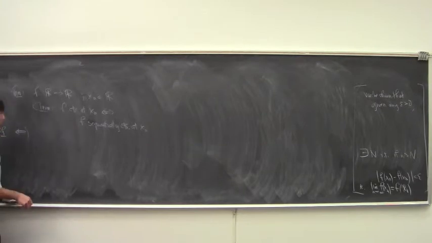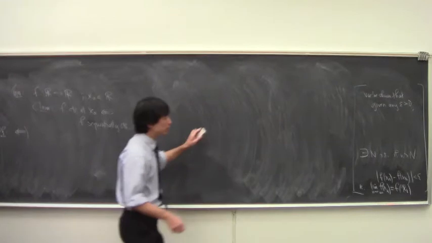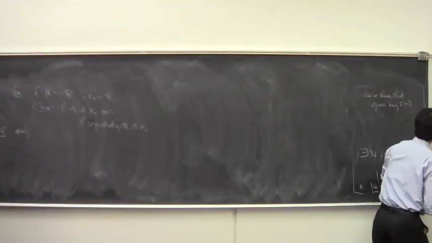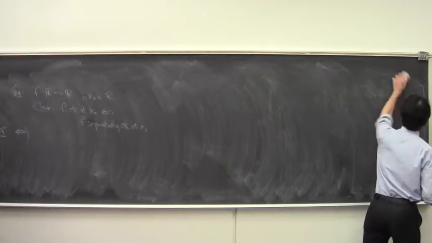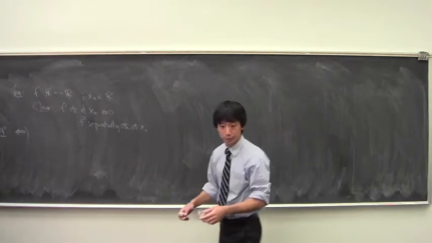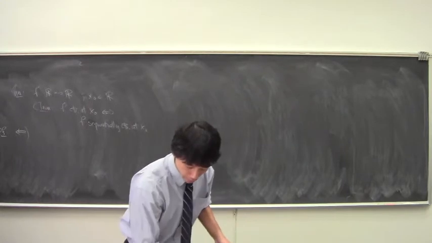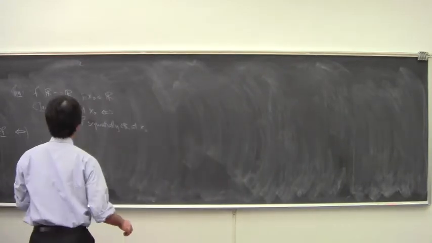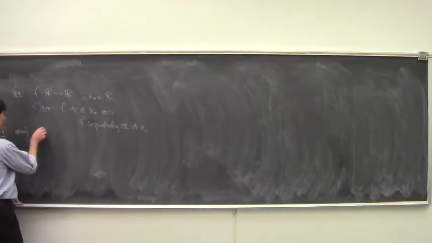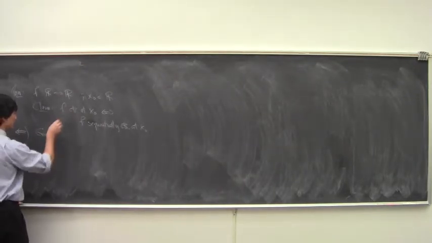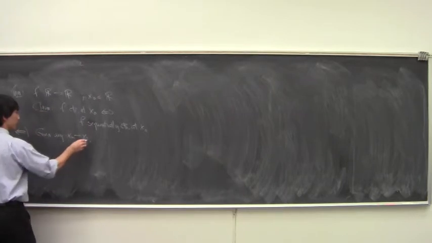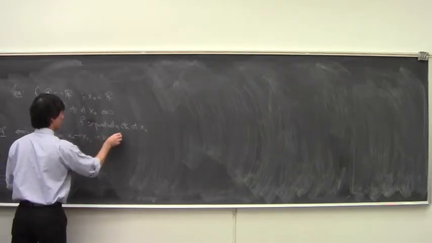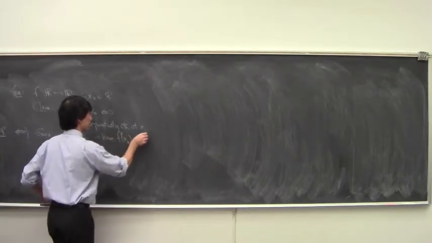You're given this property of sequences: given any sequence xn that converges to x naught, we know that f of xn converges to f of x naught.